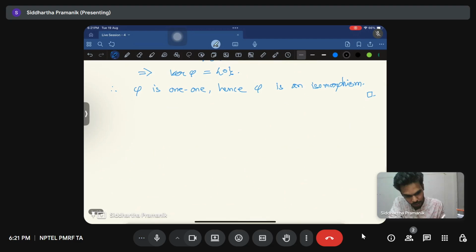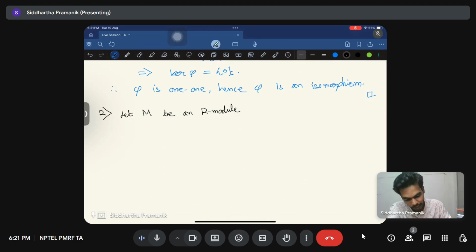Okay, so let's do the next problem. Question number 2. So again, let M be an R module where R is any ring. So here ring means commutative ring with identity.